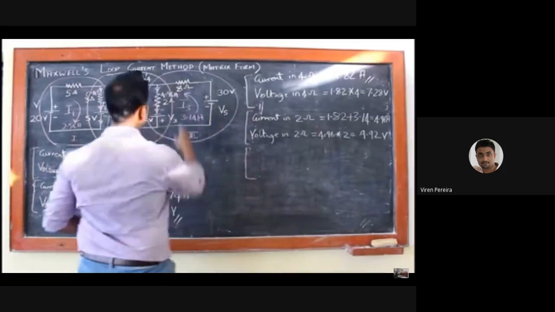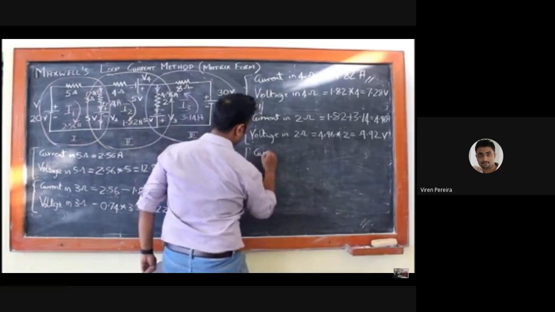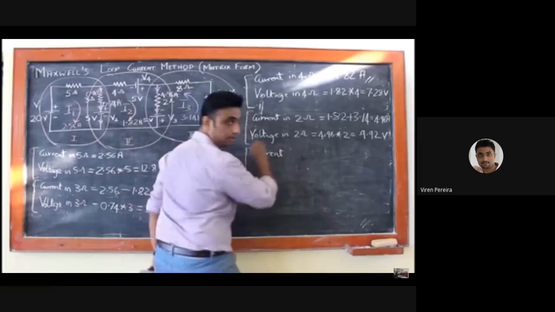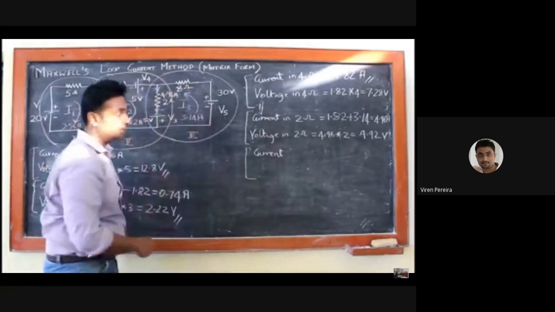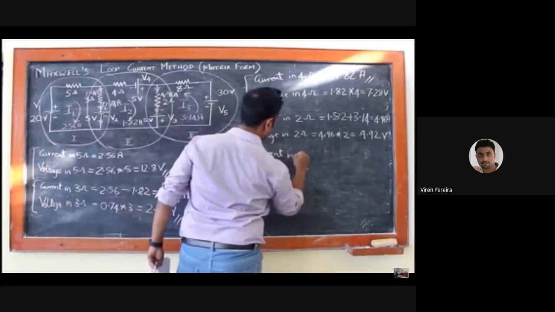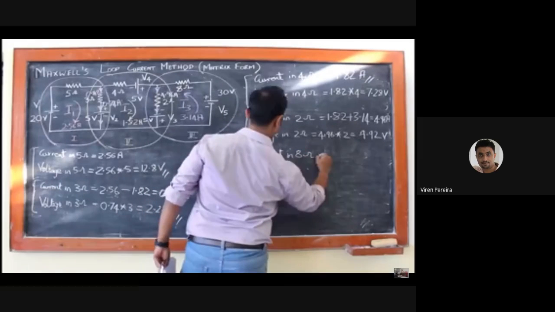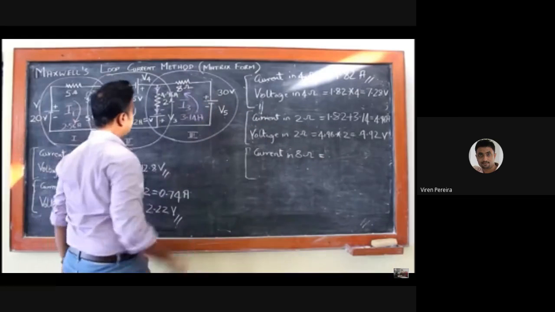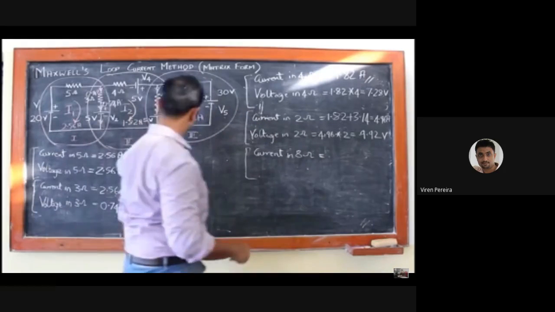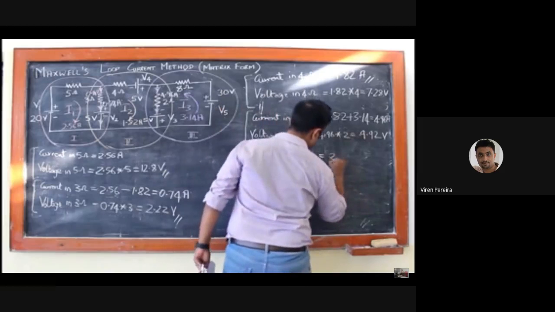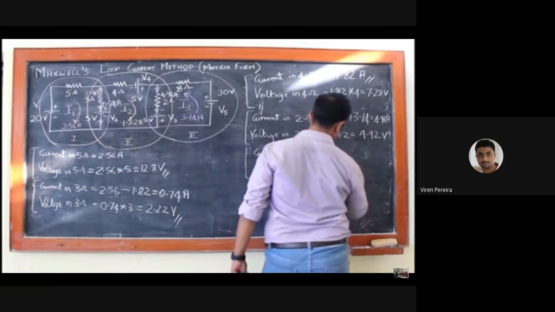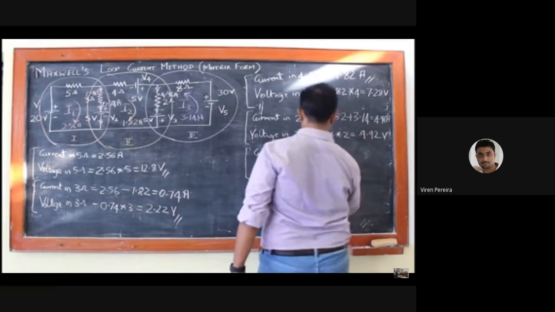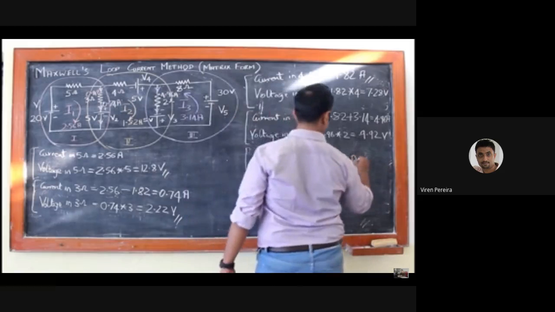And the same way, I'll find out the current in the 8 ohms resistor. So current in the 8 ohms resistor will be only due to the I3 current flowing through the 8 ohms resistor, which is equal to 3.14 amps.